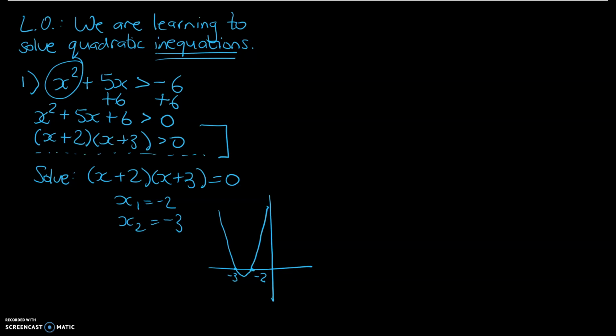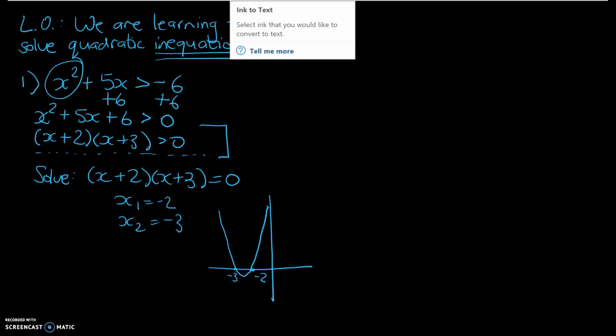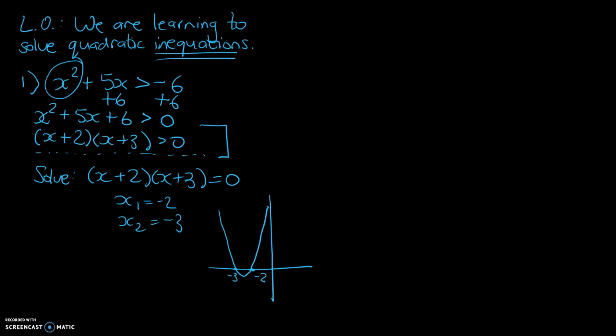So I'm just going to change pen colors. I'm on to green. So if you have a look at our parabola, any values above 0 in this range, they are all above 0. And any values above that number, they are also above 0.